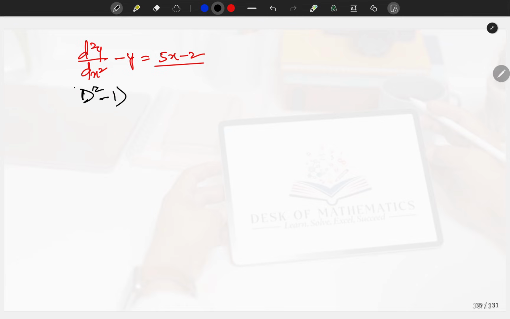Now if your x is a polynomial, for example the question will be d square y by dx square minus y is equal to 5x minus 2. Now here on the RHS you have the polynomial, you have to solve it. So what will you do? First symbolize it, so that is d square minus 1 of y is equal to 5x minus 2.